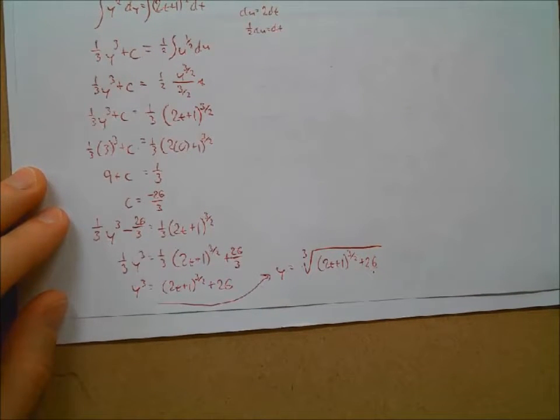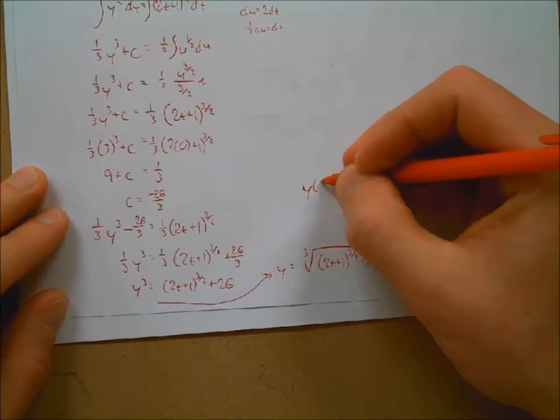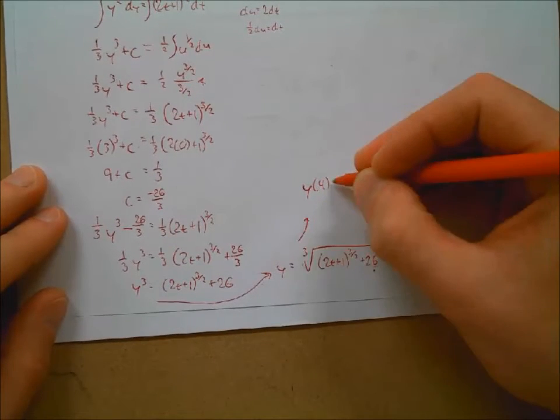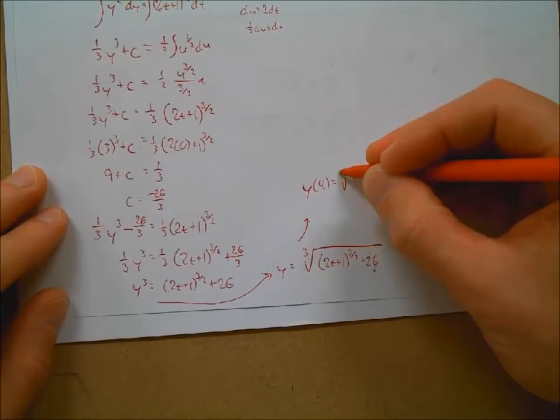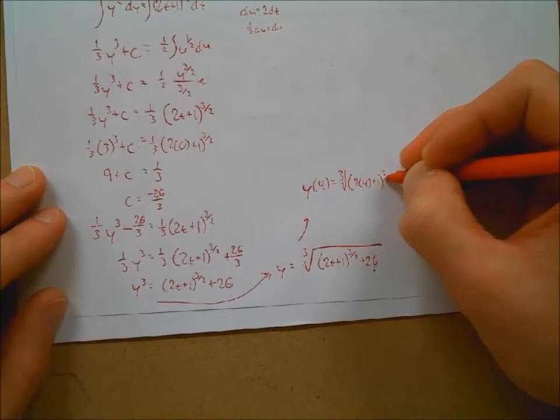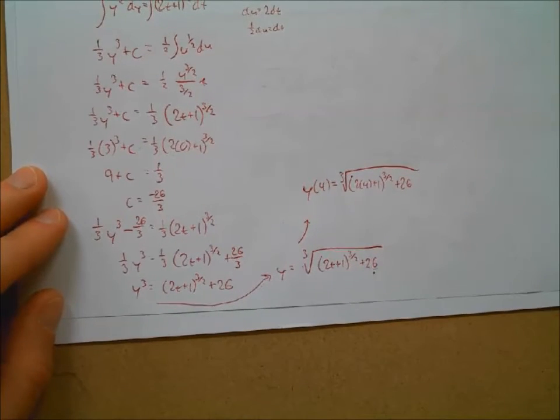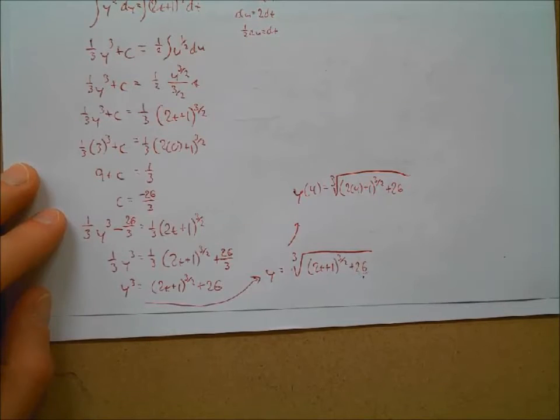All right, so there's our y equals, solving for y in terms of t. And we have one more thing we've got to do. Find y of 4. So the cube root of 2 times 4 plus 1 to the 3 over 2 plus 26. Again, if this were a free response question, you could just circle that and say we're done.